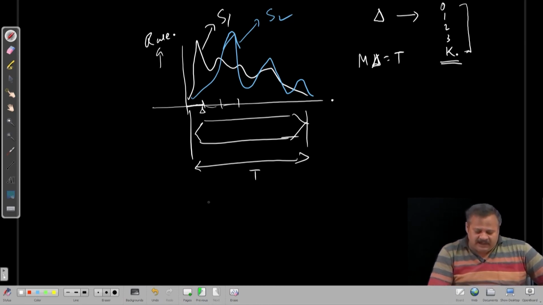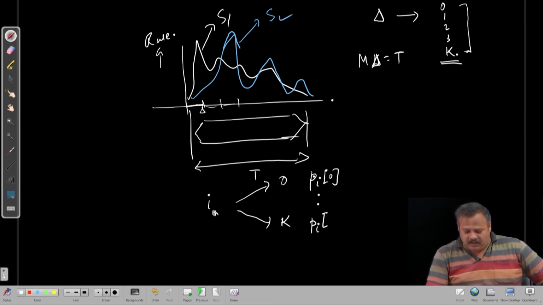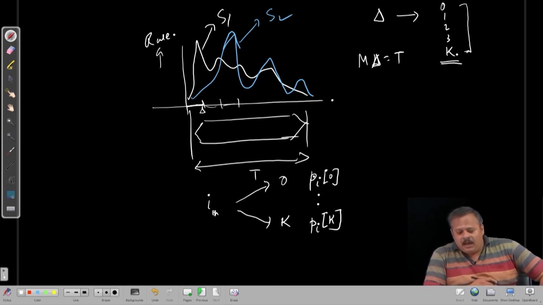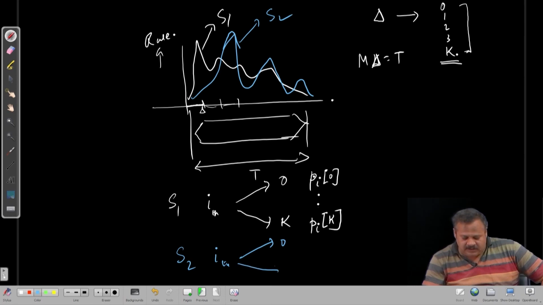So, the response in the ith bin takes on values from 0 up to capital K with probabilities pi of 0 up to pi of k. So, there are k plus 1 possible values. Similarly, for stimulus 2, in the ith bin again the possible values are 0 to k, and we have qi of 0 up to qi of k.